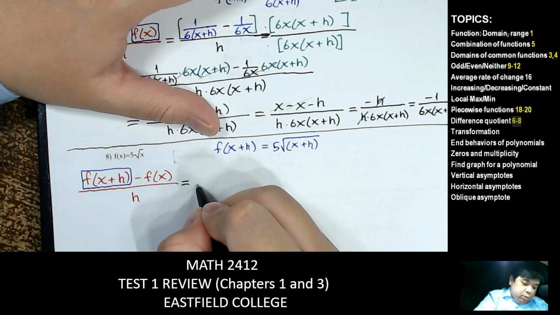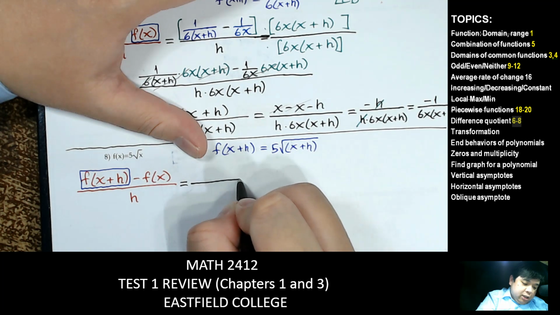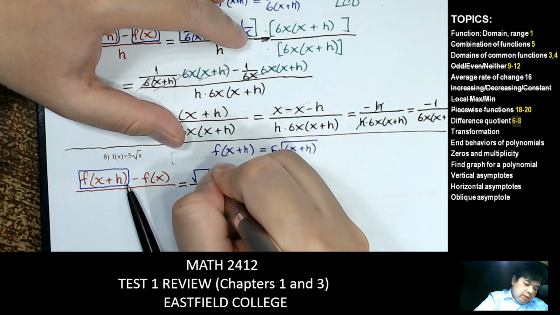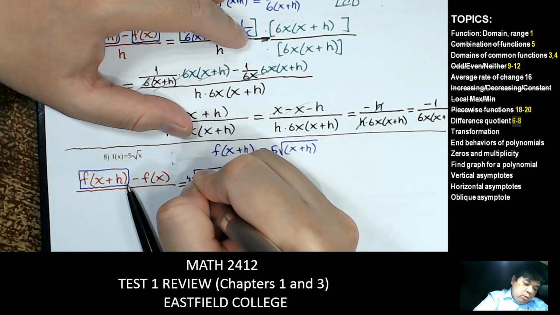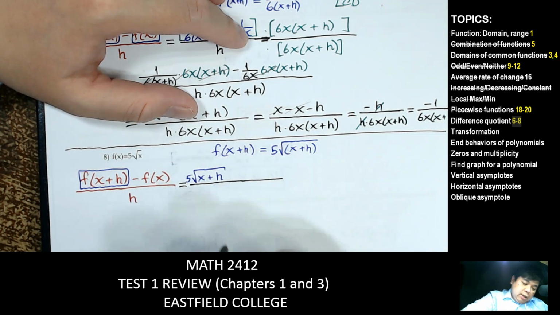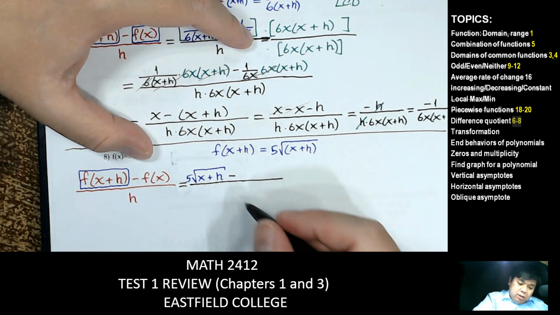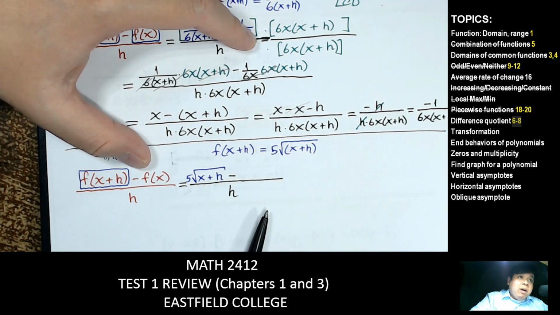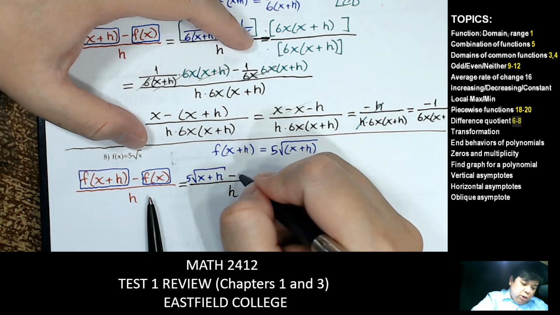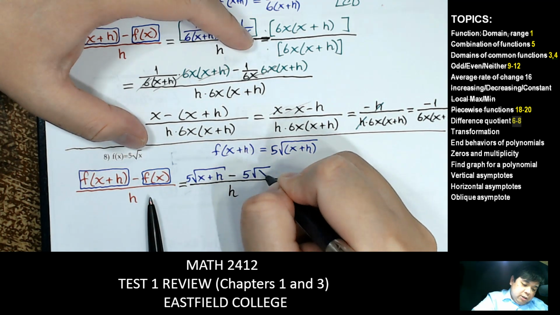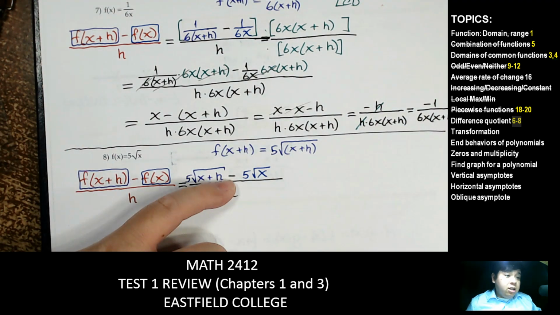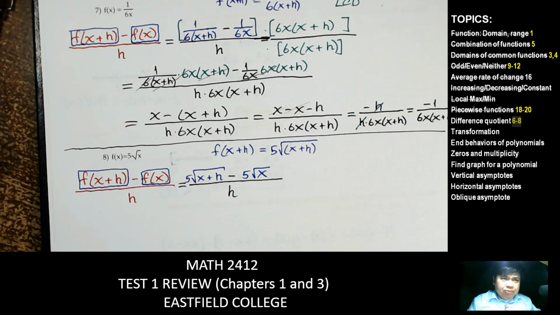So it will be 5 square root of x plus h, and then minus f of x, which is the original function, like this. Of course, we would simplify this and somehow cancel the h at the bottom.